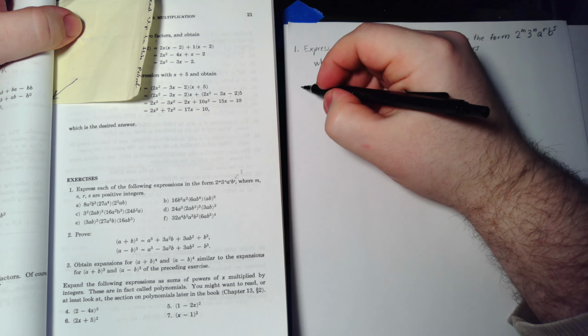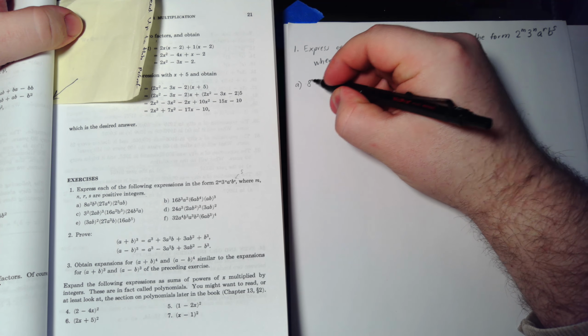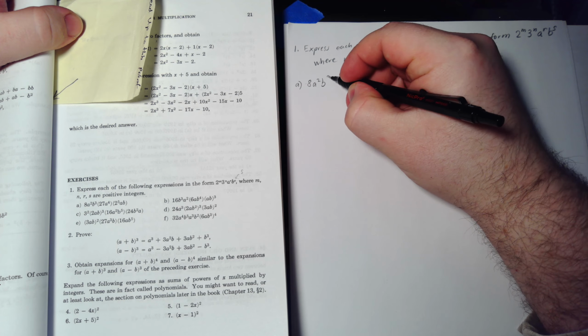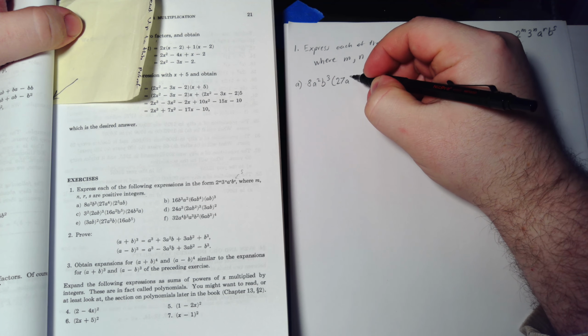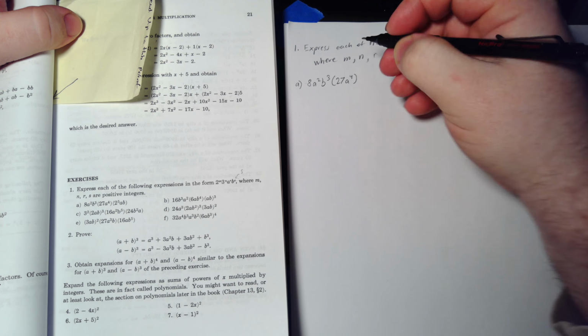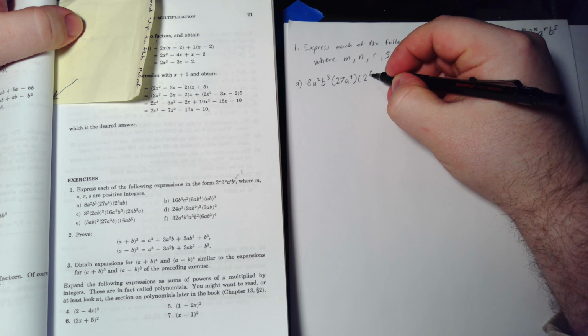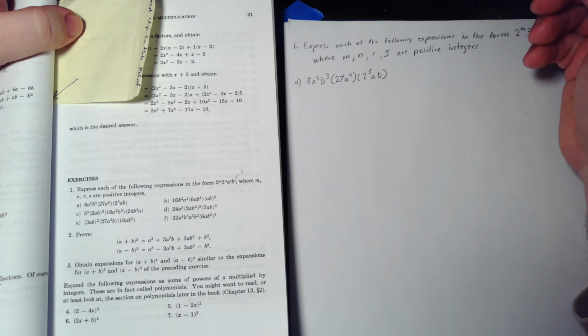So we have problem 1, a. We have 8 times a squared times b cubed, times 27 times a to the 4th power, times 2 to the 5th power times a times b.